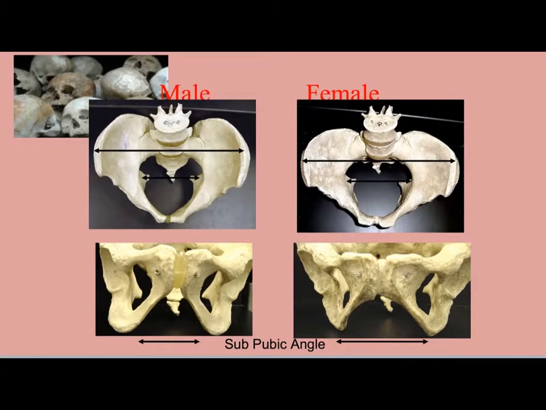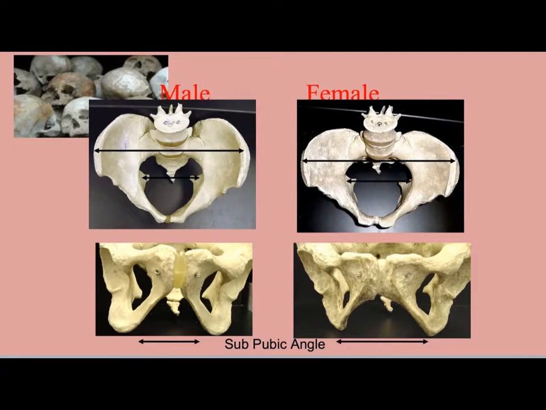So here we have two pelvic bones represented, one being a male, the other being a female. Again, we can look at the width of the pelvic bone, or we can look at the width right here. This right here is the ischial spine, and how wide we have the ischial spine.